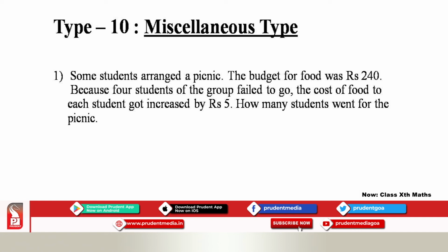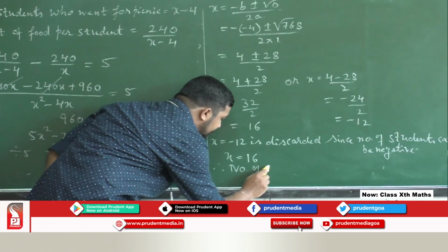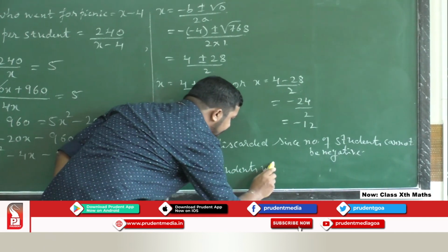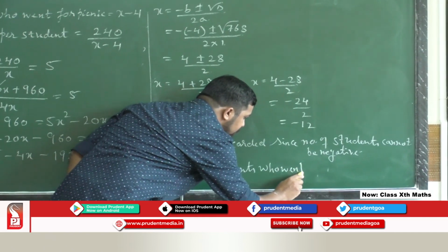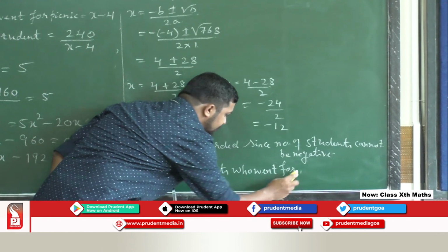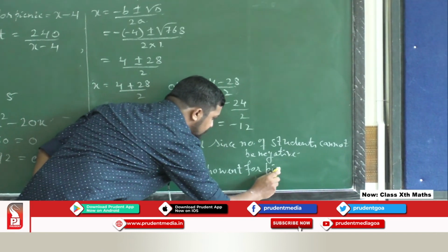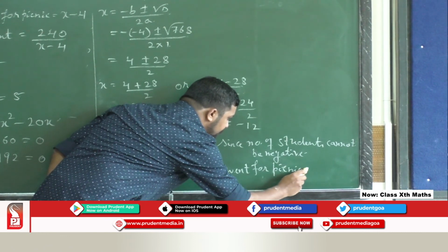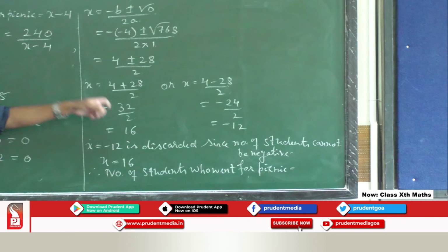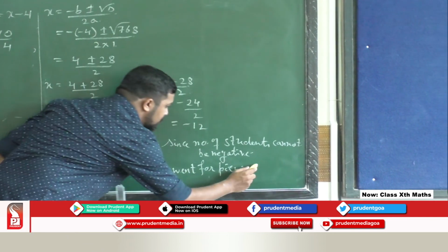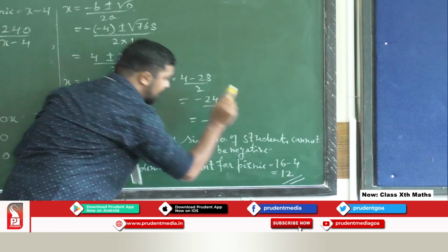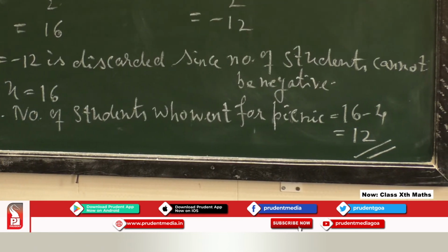Went for the picnic is x minus 4. So therefore, the number of students who went for the picnic will be 16 minus 4, 12. So 12 students went for the picnic.